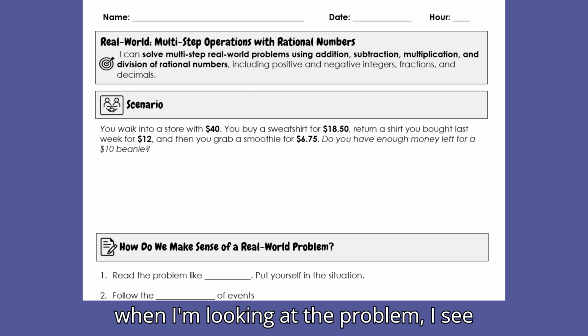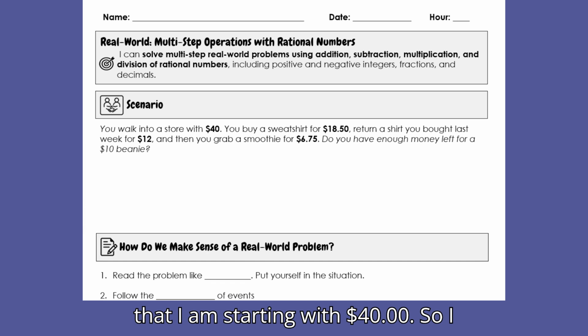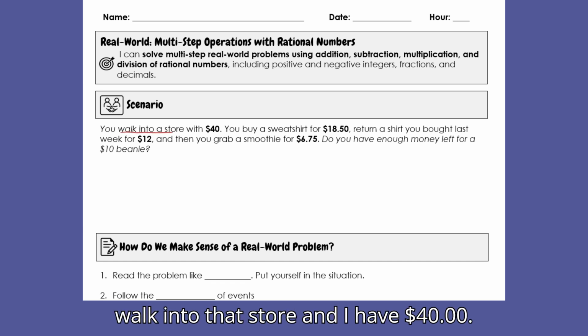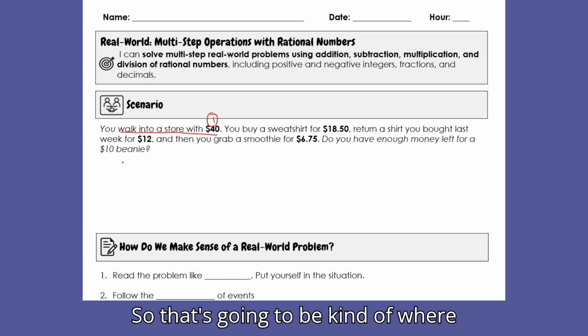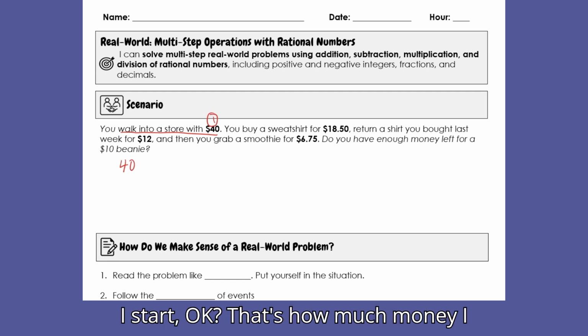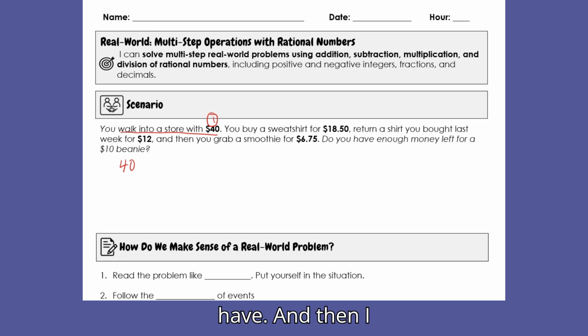So when I'm looking at the problem, I see that I am starting with $40. So I walk into that store and I have $40. So that's where I start. Okay, that's how much money I have. And then I read on and it says you buy a sweatshirt for $18.50.